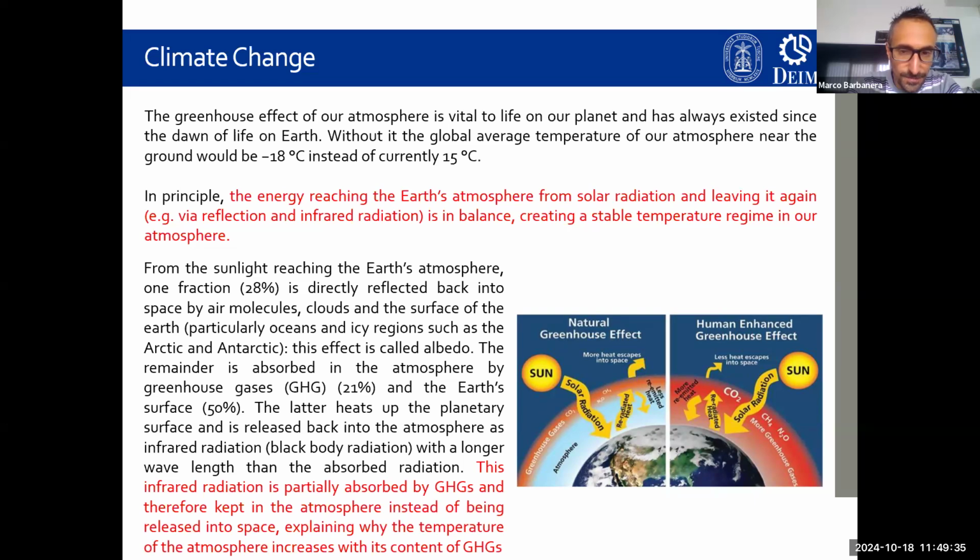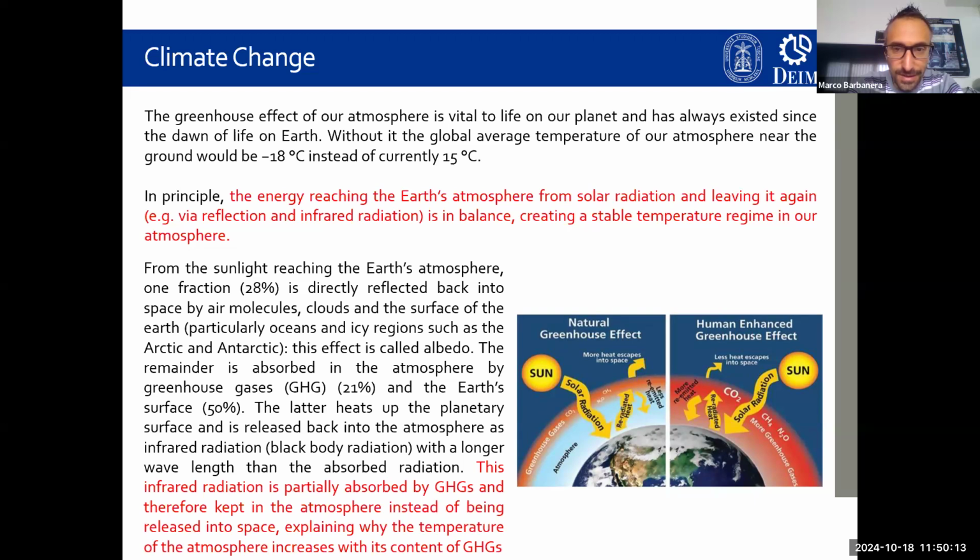So we can say that the greenhouse effect is a natural effect in our planet, in our atmosphere, and it is essential for life on the Earth.